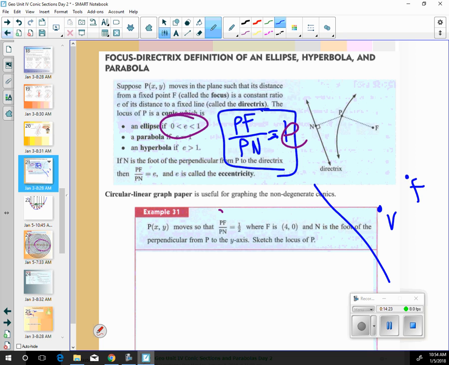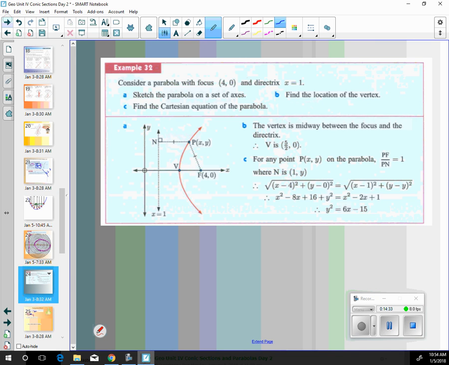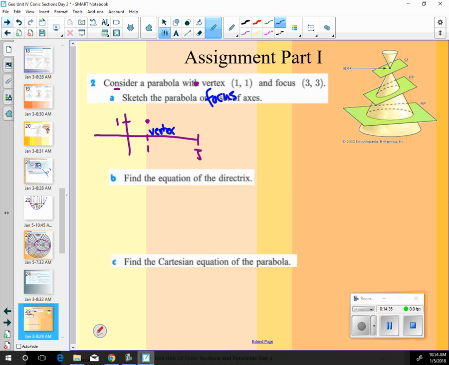So if you knew this point, could you find the directrix? At least this point of the directrix. If we knew this one, could we find this directrix? Yeah, and how would we do that? How do we find this point?